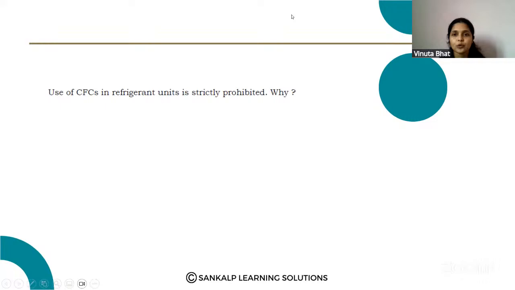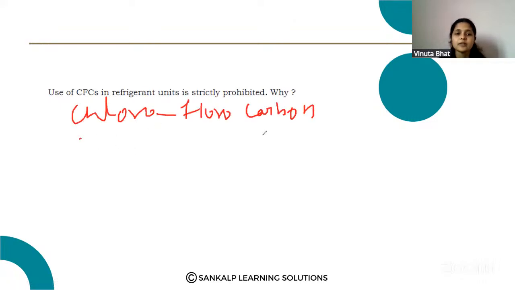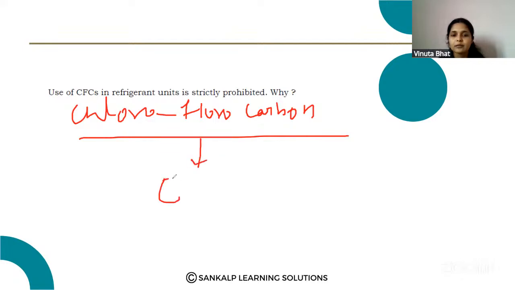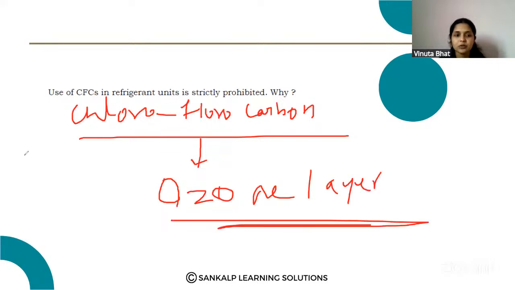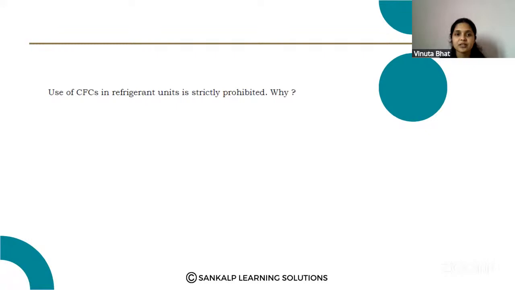This chlorofluorocarbon may cause damage to the ozone layer. Hence, the use of CFCs in refrigerant units is strictly prohibited. Okay, so that is the reason.